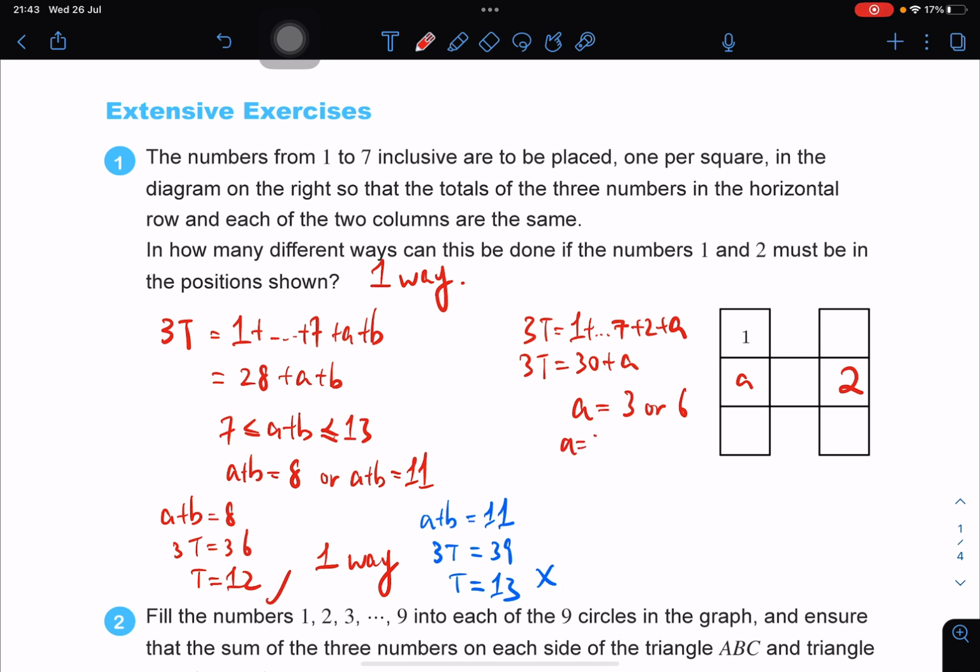When A is 3, it means that 3t is 33, which means that t is 11. Now, when A is 3, it means that this one has to be a 7, and this one is 5 adding 6. So it means that the two remaining numbers are 4 and 5, which means that it can go 4, 5 or 5, 4, which we have two ways of filling it in, right?